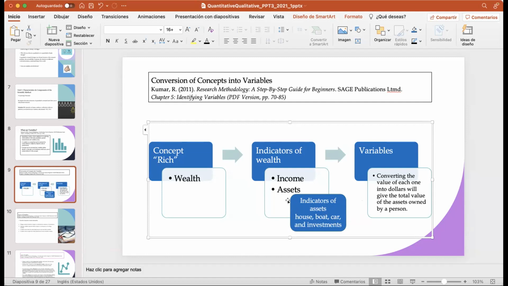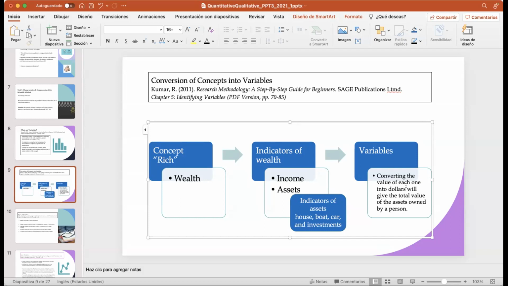So when I account for all of these indicators, and they can be measured in terms of money, then I know the assets of the person. And those are the variables I can measure. Yes. So probably from wealth, which is very general, I cannot really measure, but I can measure assets, I can measure income.